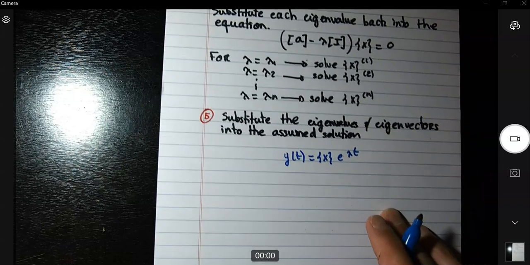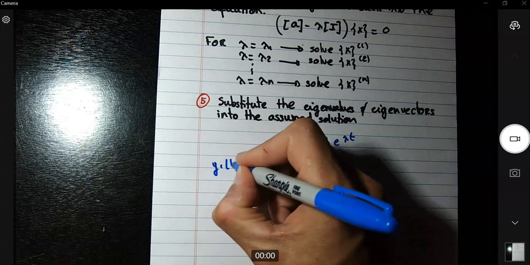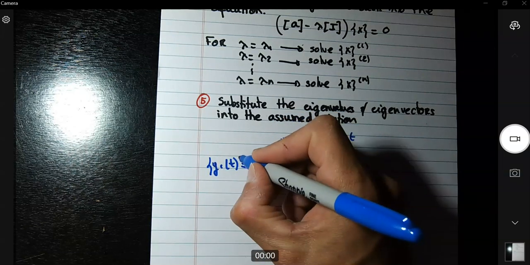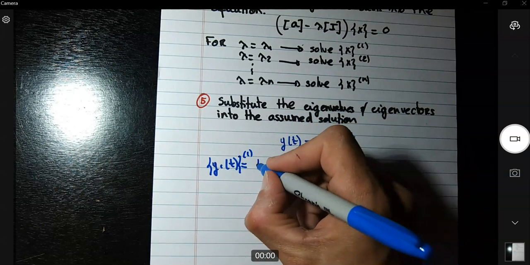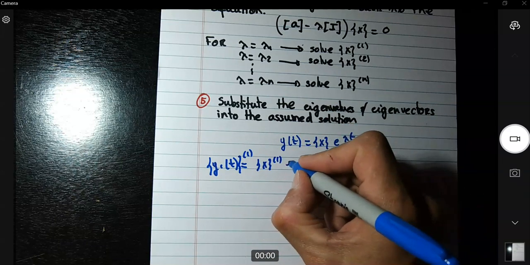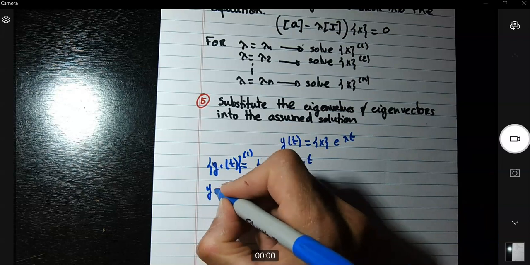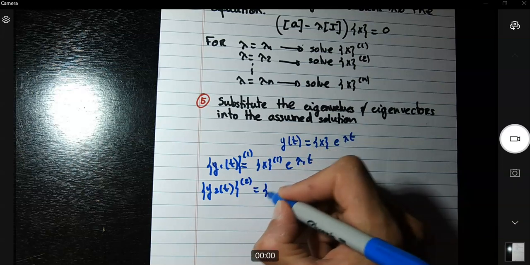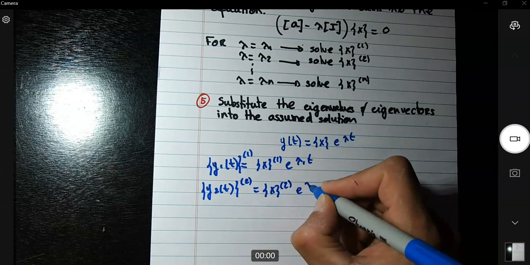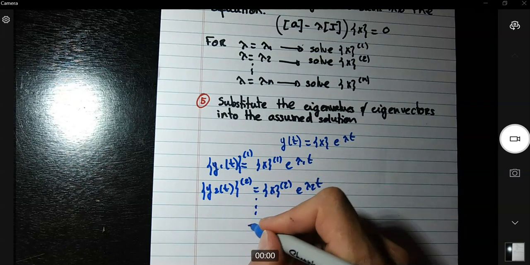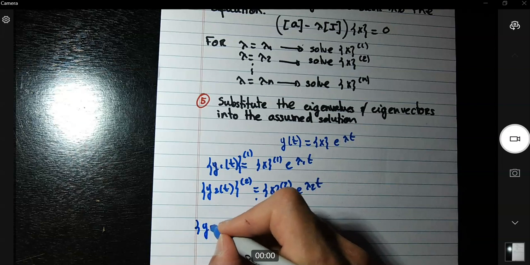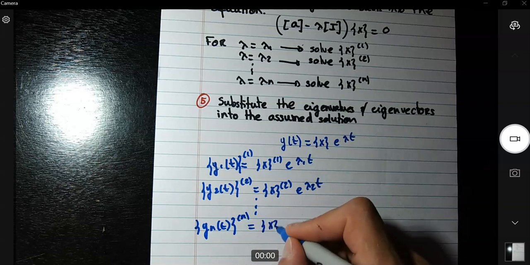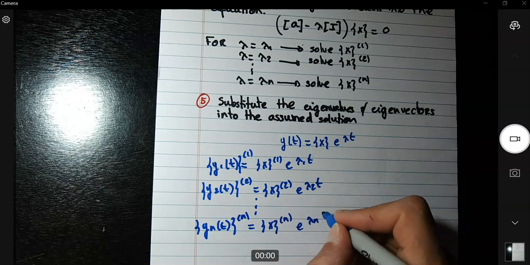So that gives us what? y1 of t will be equal to x1 e to the lambda 1 t, y2 of t will be equal to x2 e to the lambda 2 t, and we'll have this up to yn of t will be equal to the eigenvector n e to the lambda n t.